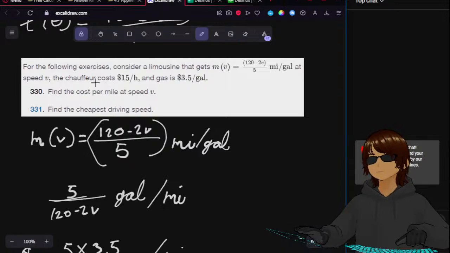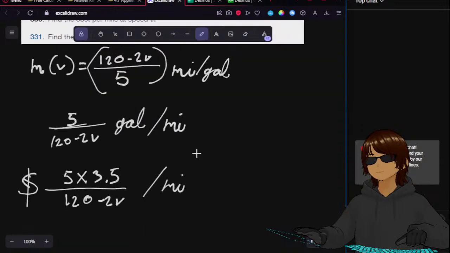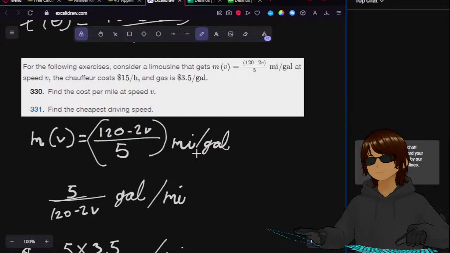The chauffeur costs $15 an hour. Find the cost per mile at speed V. Cost per mile.